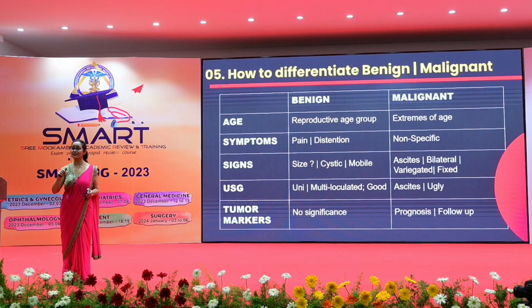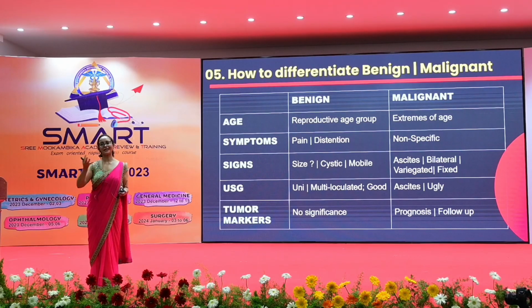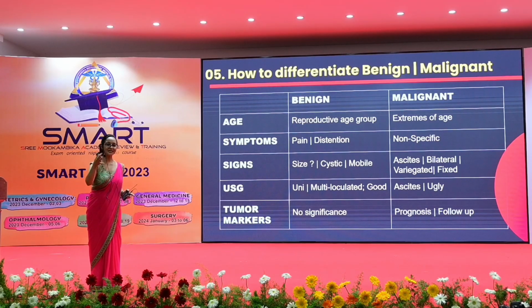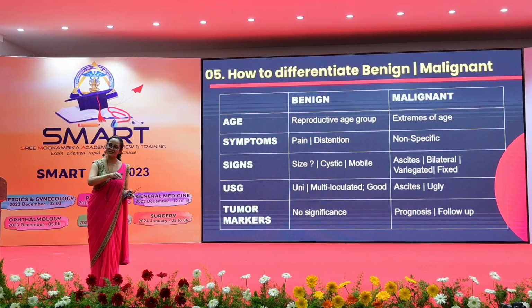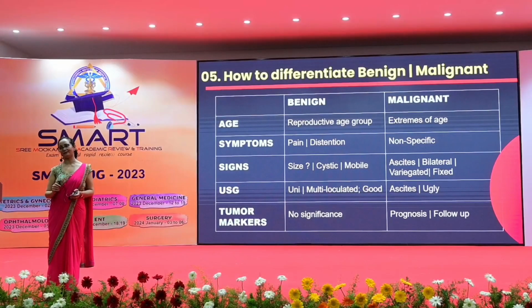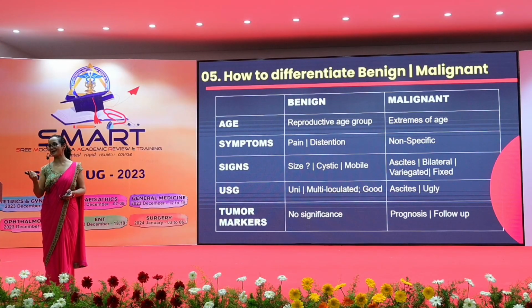Do you understand what is the meaning of variegated? Variegated means ovary usually cystic, but if some solid areas are there, the consistency varies from one point to another point. Variety is called variegated. Somewhere it is looking cystic, somewhere it is not. Very well. Or by chance, by mistake, if you say CA125 in exam. Okay?